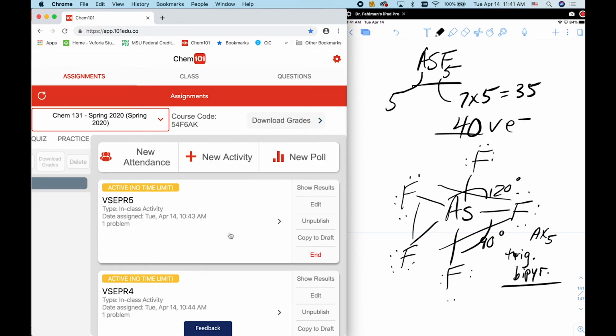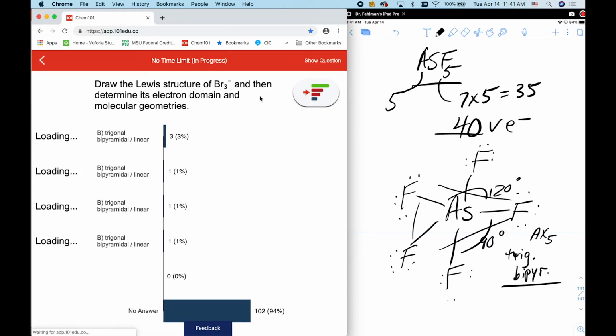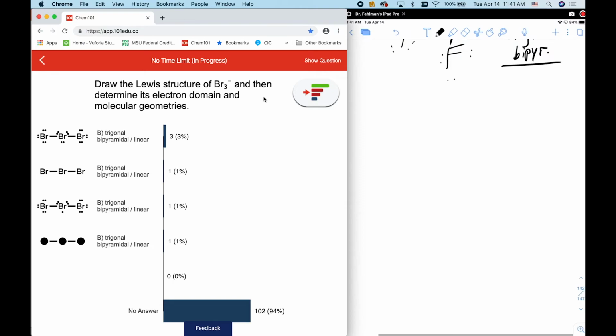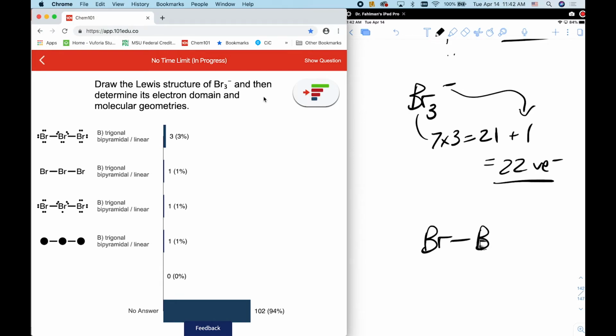All right, VSEPR 3. BrF2 minus. That's 7 times 3 is 21, and then another 1 for the charge, 22 valence electrons. So that's 4, 5, 6, 7, up to 22.